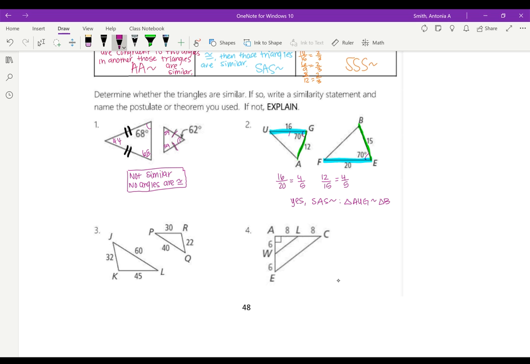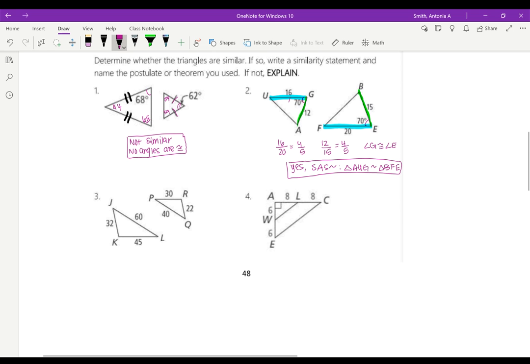Angle U and angle F are the same. And then G and E. So I have my ratio of my sides is the same, and I know that angle G is the same as angle E. So here's my final answer.